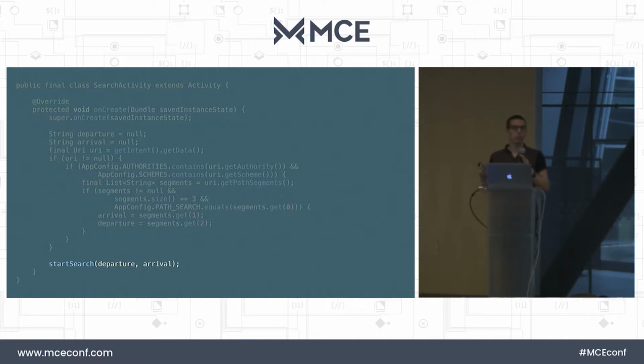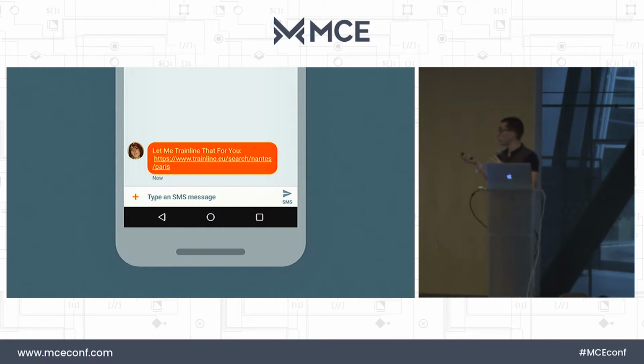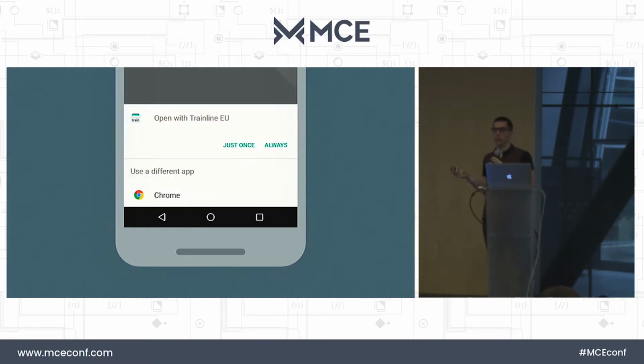From a user standpoint, what does it do? Well, let's say that my wife is sending me an email. She's sending me this email to start a search for a train going from Nantes to Paris. If I click on it, then the system will display that. Why? Because there are 2 applications that can handle this link.